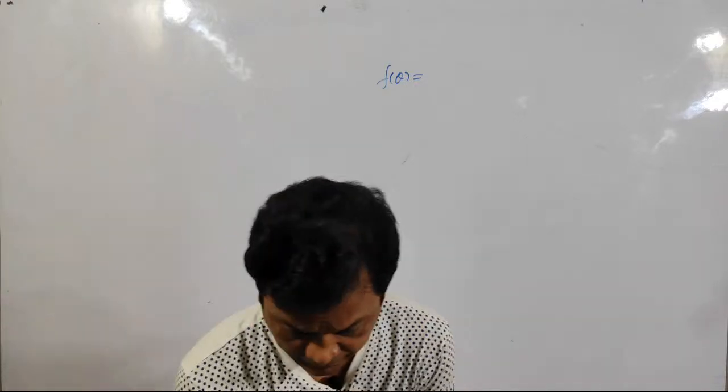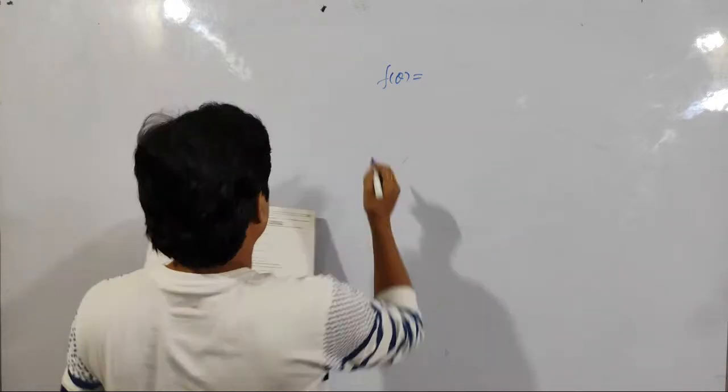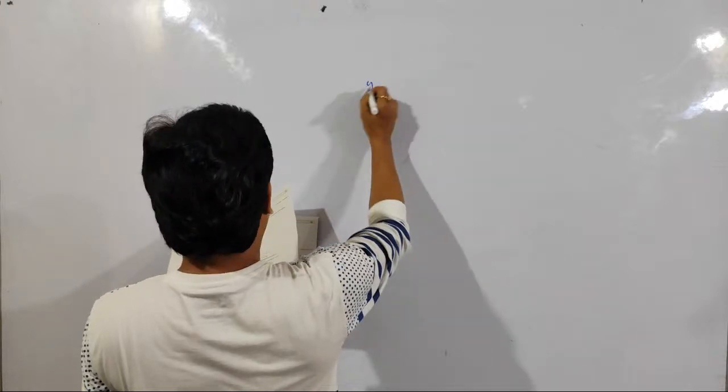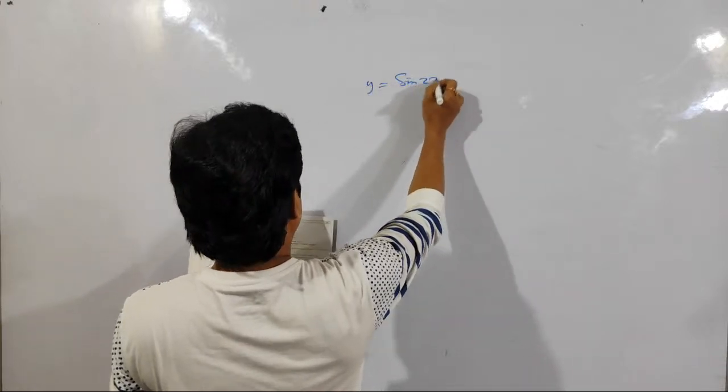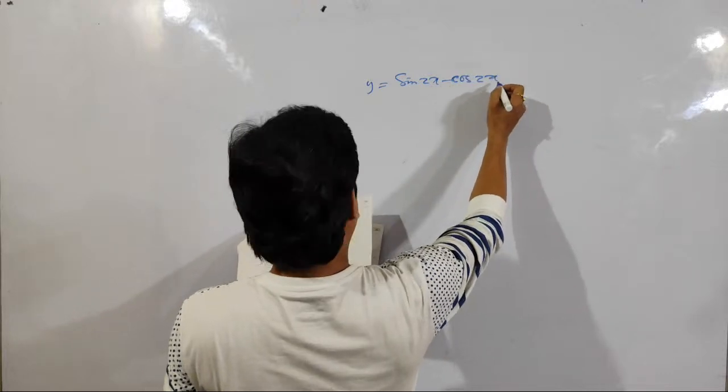Lipun South asked me one question. Y is equal to sin 2x minus cos 2x in 0 to pi closed interval. Okay, so let us solve this question.